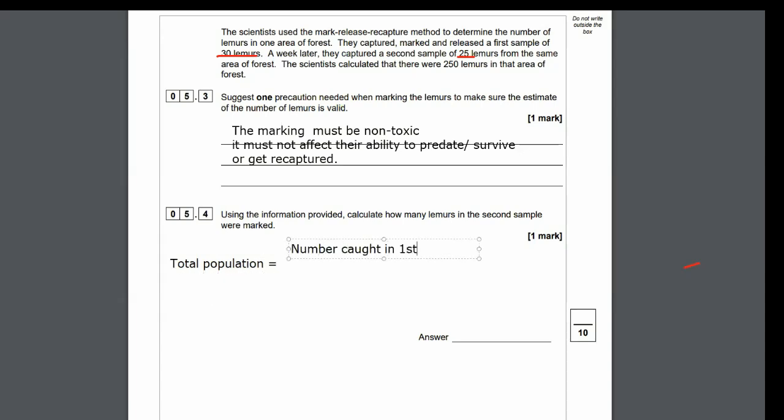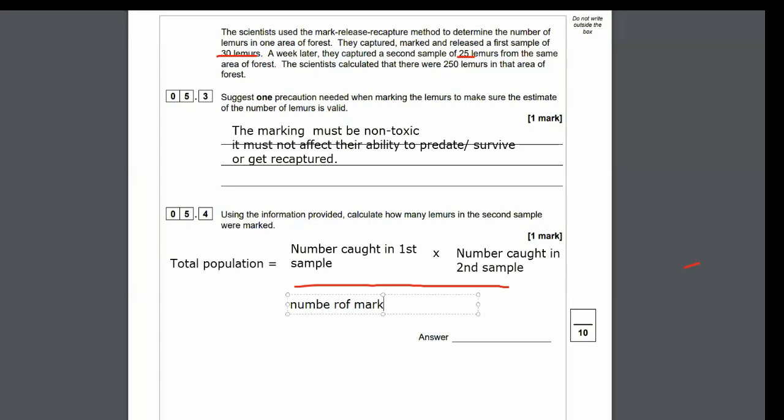So let's set the equation out and then rearrange it to find the answer. So the total population in the mark release recapture can be calculated by the number caught in the first sample, thus the 30, times the 25, the number caught in the second sample, divided by the number of marked in the second sample, the number of lemurs that have the marking that we tagged in the second sample.